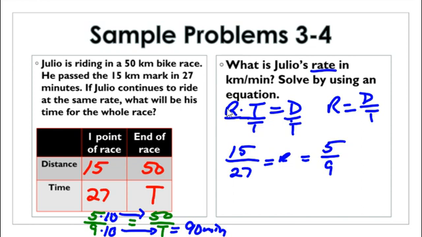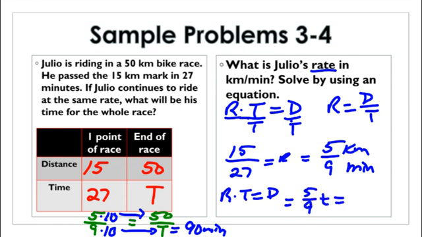So that would be 5 kilometers in 9 minutes. Or we can think of it as, if we put it back into the original equation, r times t equals d, we would say it's 5/9 t equals d. We would have 5/9 as our rate, so 5/9 of a kilometer per minute.